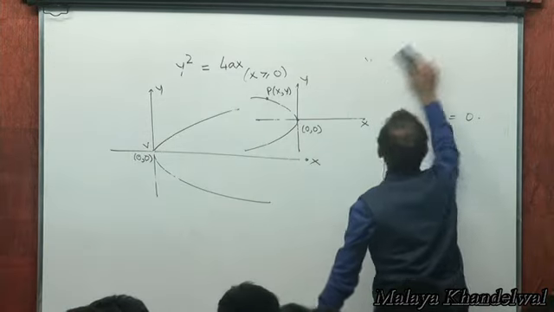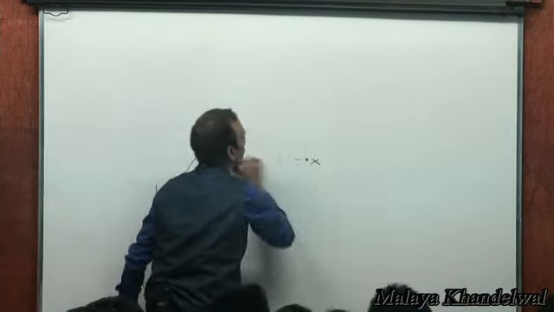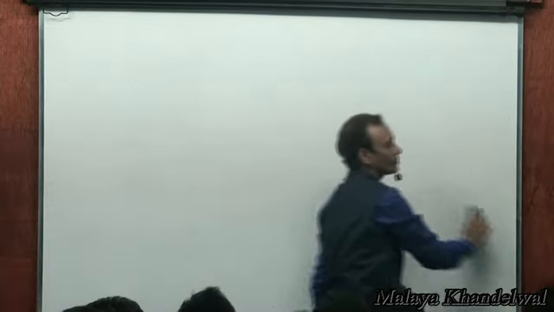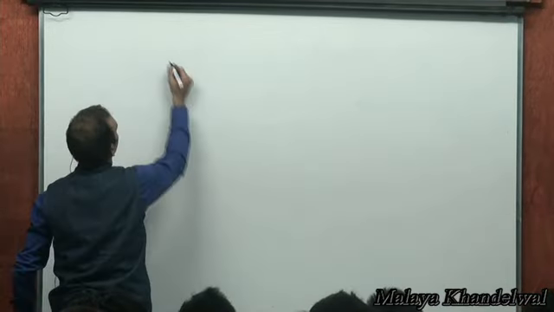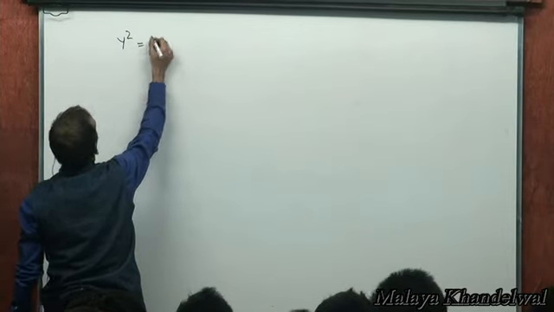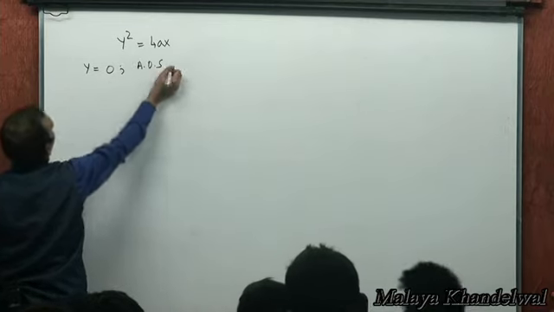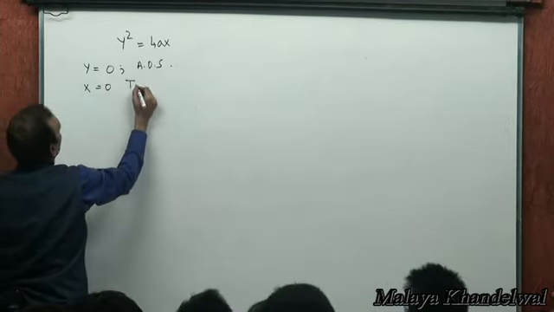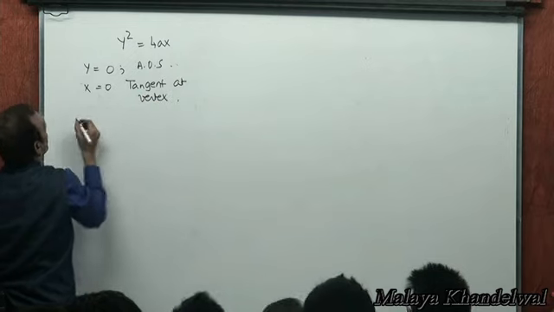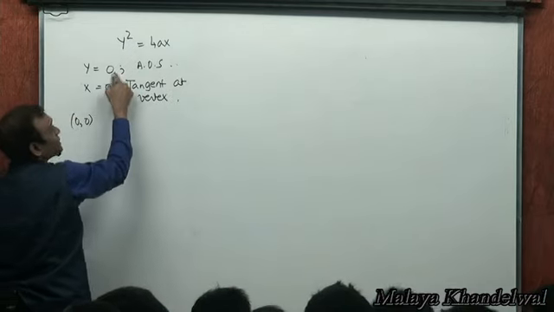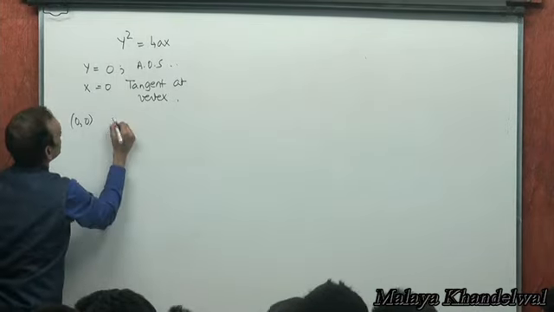Now suppose I had something like this. Instead of y squared equal to 4ax, see this y squared equal to 4ax had axis of symmetry AOS, and x equal to 0 was the tangent at the vertex, and 0 0, the intersection of the axis of symmetry with the tangent at the vertex, will always give you the vertex.